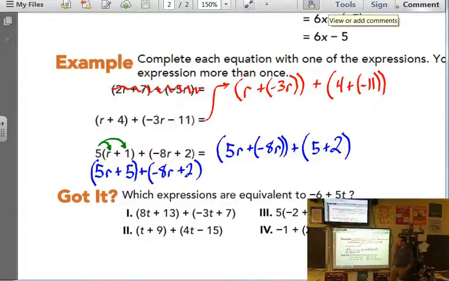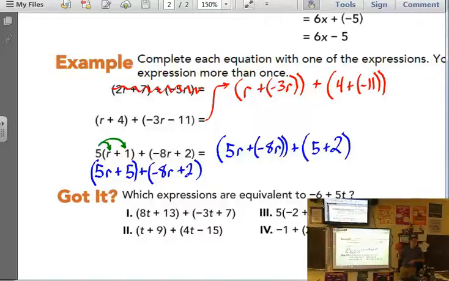I see what you're asking about. So I've written what I would call my first step. We're applying 2 different properties at the same time. Commutative, to move things.